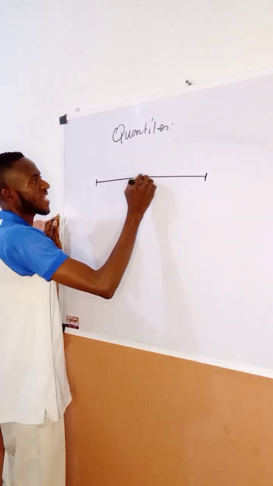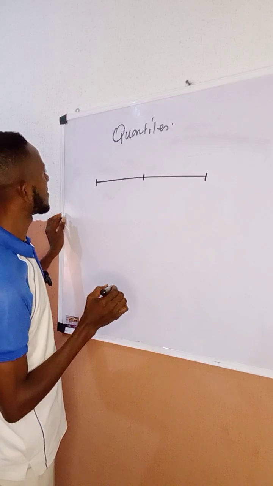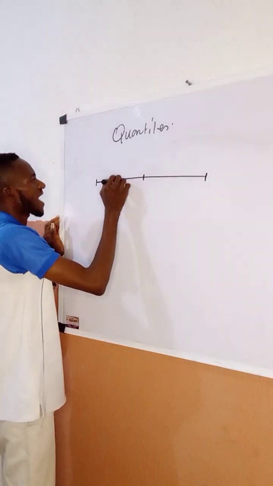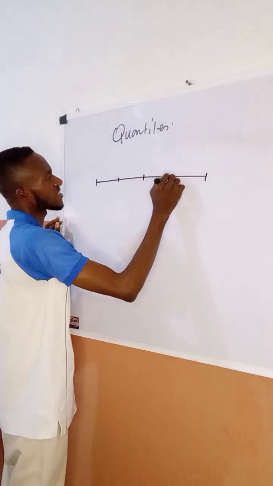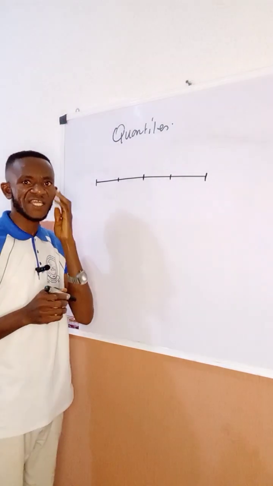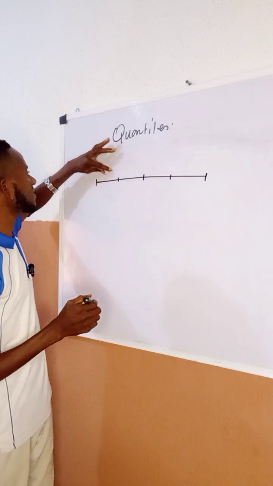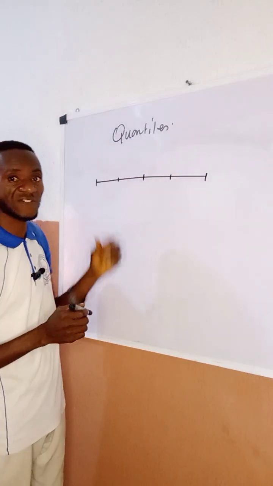Let us consider a line at the center first. Then let us consider a line here, and let's equally consider a line here. I want us to count the parts of this line. We have the first, the second, the third, and then the fourth parts.